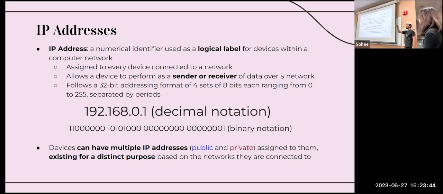For people who I see have taken discrete math and are in discrete math: how many IP addresses are possible if you have these 8 bits, for 4 sets of 8 bits? This is something I saw Sumi, Morgan, and you guys working on today, a set of bit strings. This is your bit string, but this is the one responsible for the unique identification of your laptop or device.